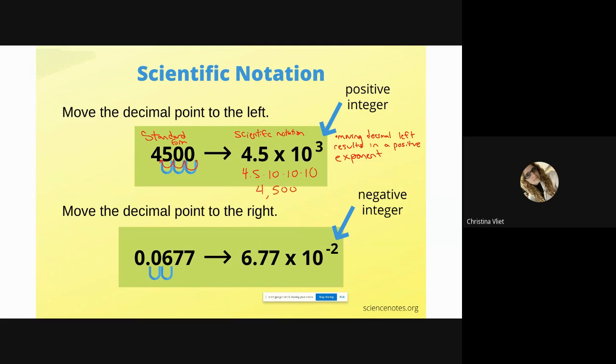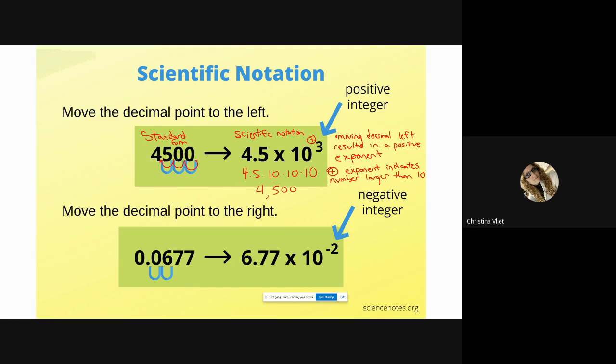And so the reason I bring this up is to recognize if you see a positive exponent, this means you have a large number. Positive exponents always indicate a number larger than 10 or a value larger than 10.